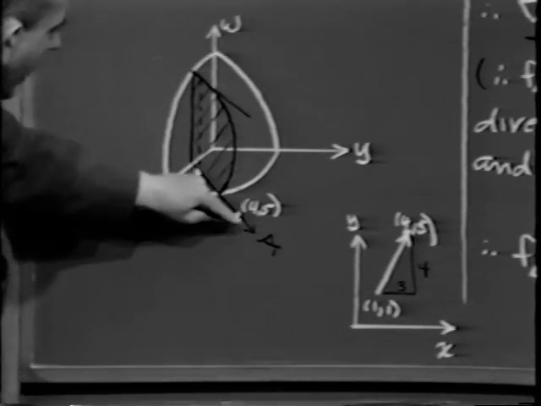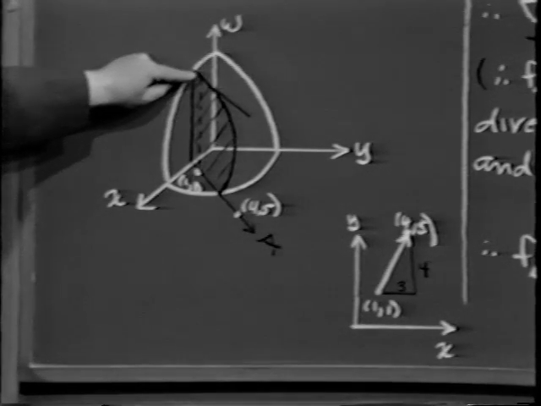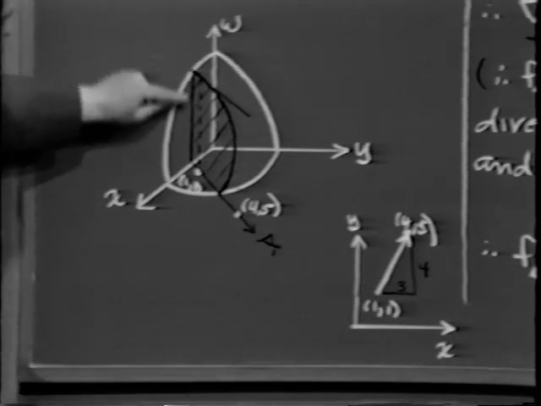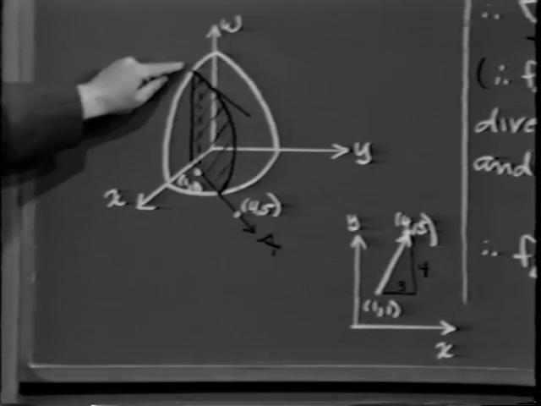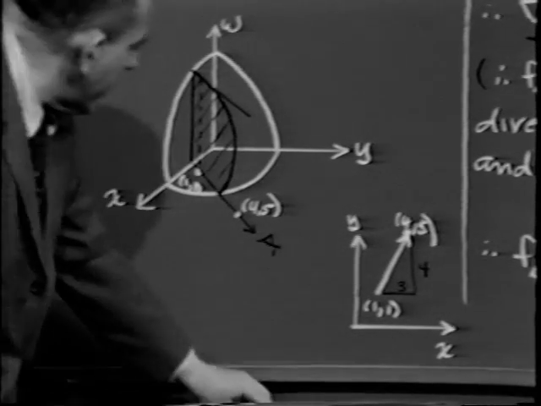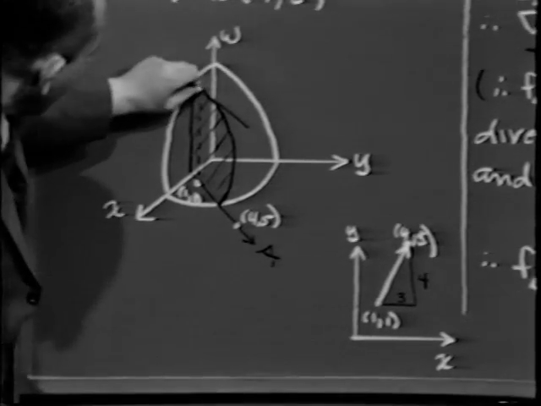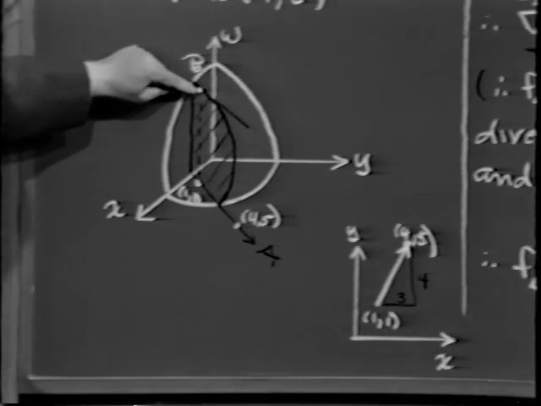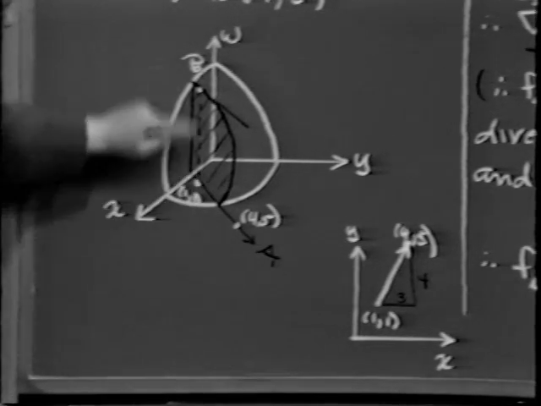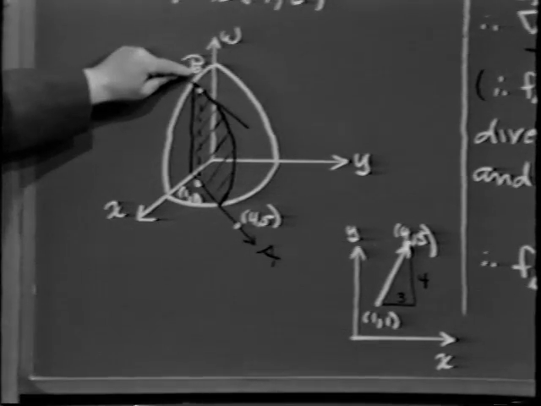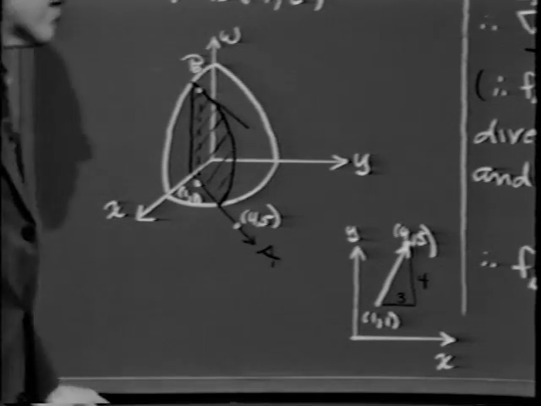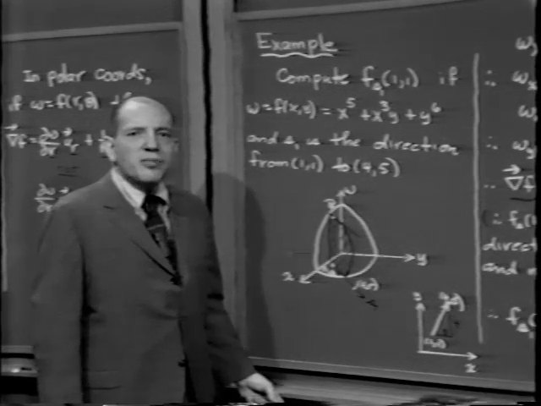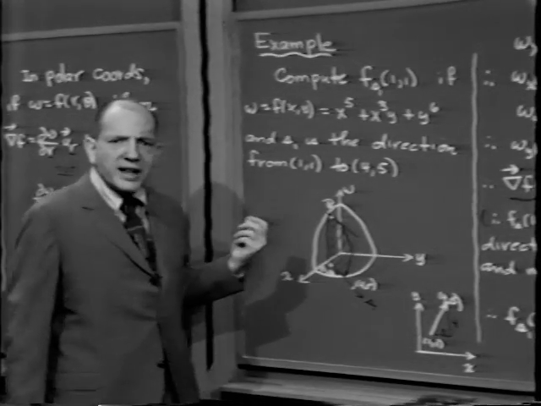See, we're moving in this direction, and we want to see how fast w is changing over our heads, which geometrically means you draw this plane, intersect it with the particular surface here, and this point P0, what we really want geometrically is what? The slope of the line tangent to this curve in the w s1 plane, tangent to this curve at the point P0. And my claim is that this can be done very, very easily from a mechanical point of view now that we have our gradient vector behind us.